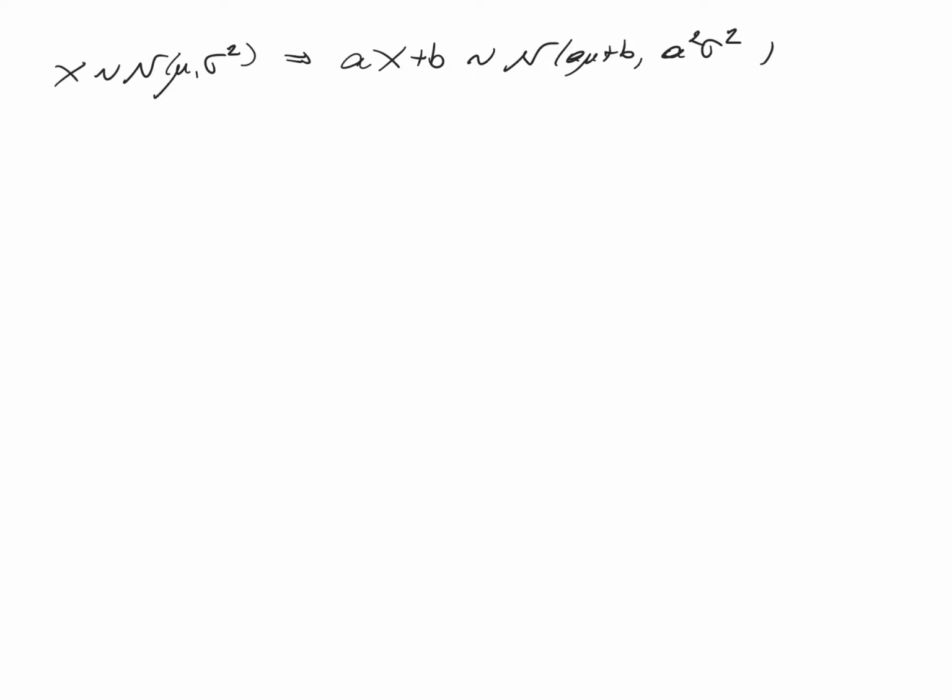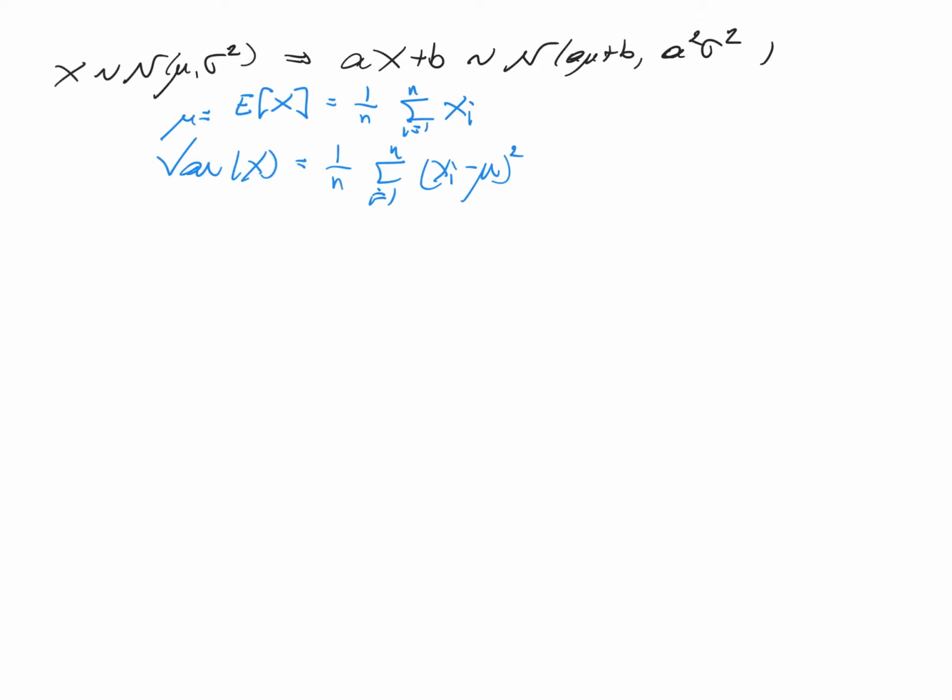These new values of the mean and the variance can easily be computed taking into account the formulas for mean and variance. So the theoretical mean, or the expected value, has as formula 1 over n times the sum of the xi's. The theoretical variance, it's very similar to the sample variance, has the formula given on screen. So if we want to calculate the expected value for the transformed variable, we just plug this in.